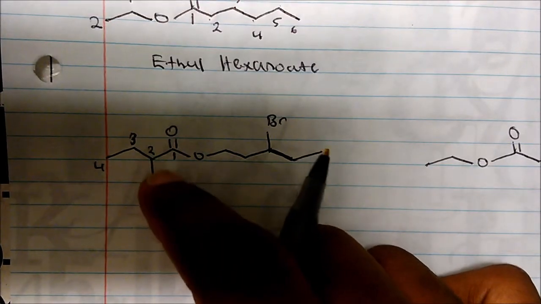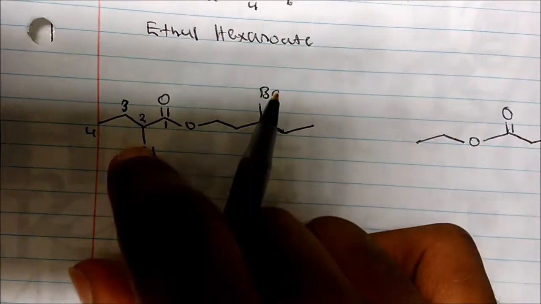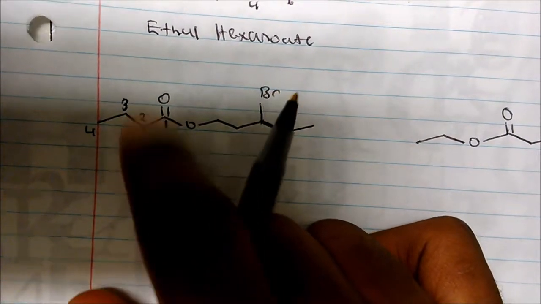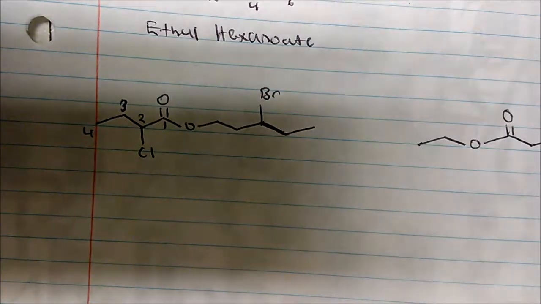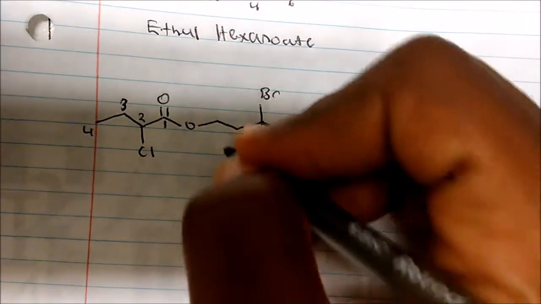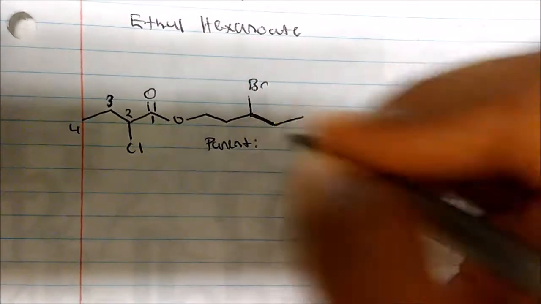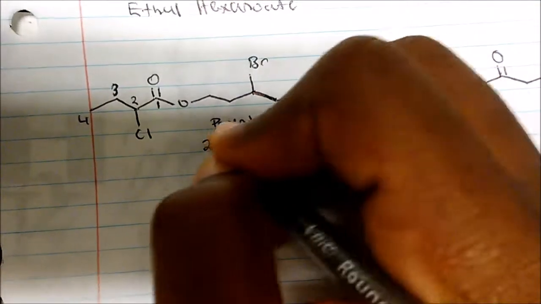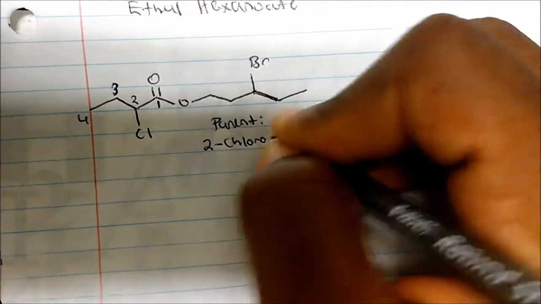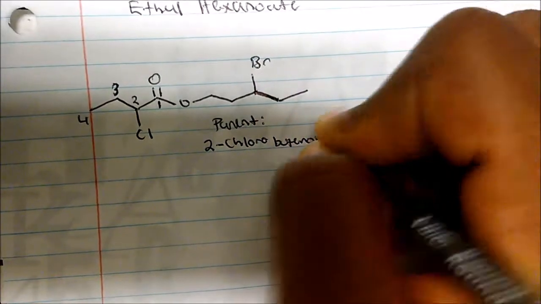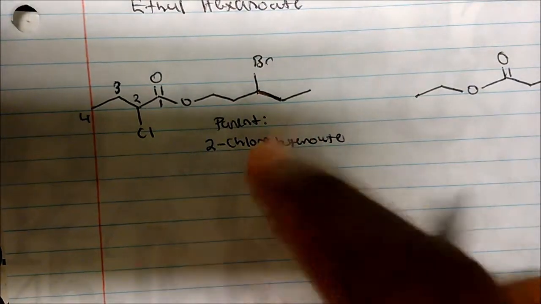Hopefully everybody could see that. We've got to include the substituent in the parent. So for the parent chain, we'll call it 2-chlorobutanoate.